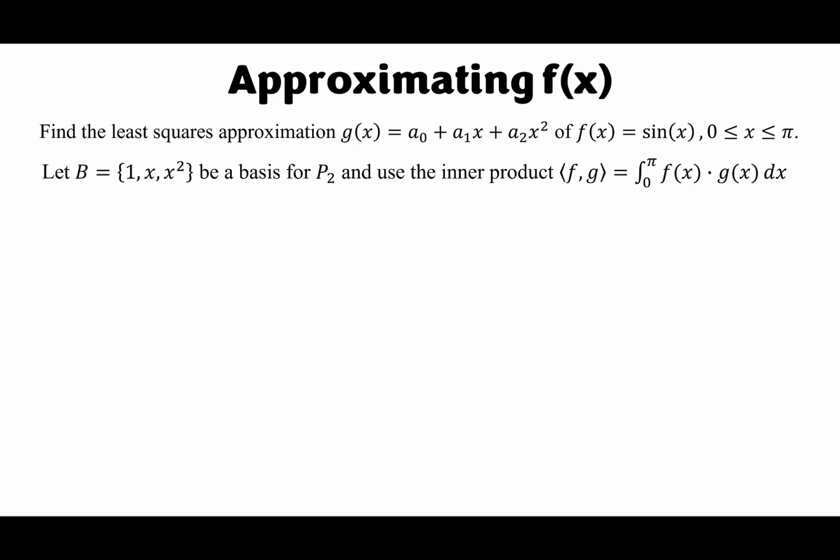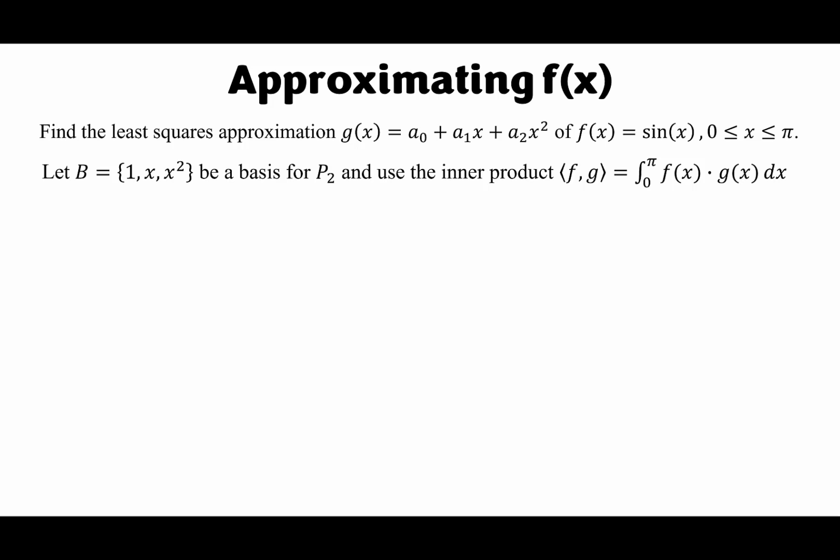And also we'll use this inner product of the integral of f times g dx from 0 to pi. So the area under f times g from 0 to pi. That will be our inner product, and we've shown before that that computation satisfies the 4 properties of inner product. So it's the inner product we'll use here because our interval that we're considering is 0 to pi.